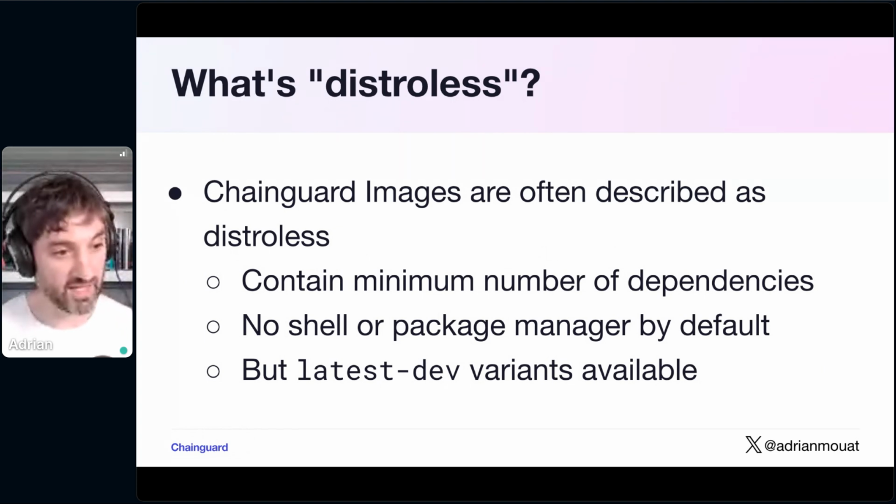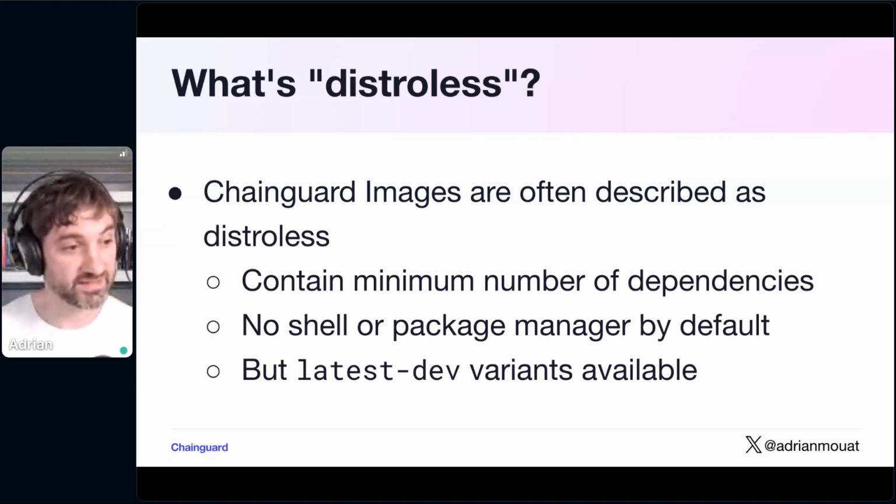So what we've done is create images that only contain the dependencies that are required to run Redis or Nginx, for example. And we've taken that to pretty extreme levels, as in most of our default images don't have a shell or package manager. We do create latest-dev variants. So if you do need a shell or a package manager, you can just use the latest-dev variant.